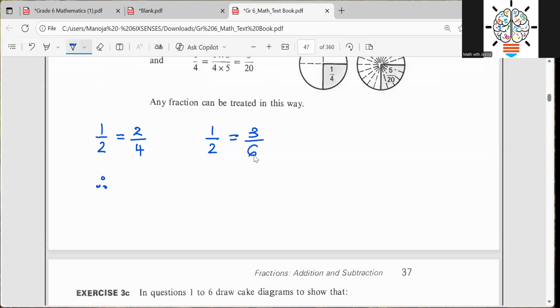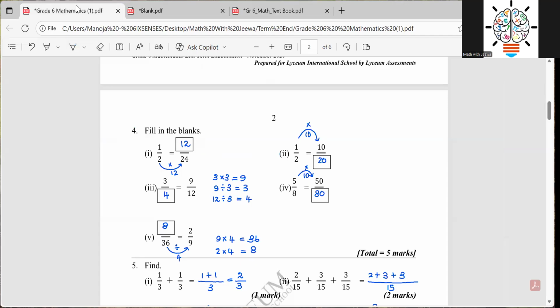So therefore, 1 over 2, 2 over 4, and 3 over 6 are equivalent fractions, right? Okay. So that is the knowledge they test here.